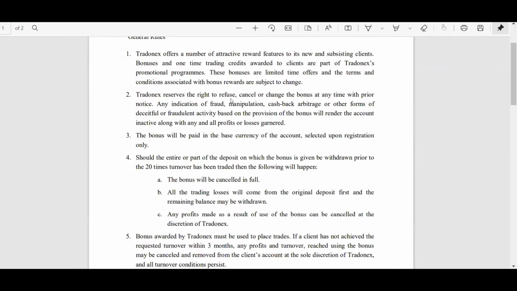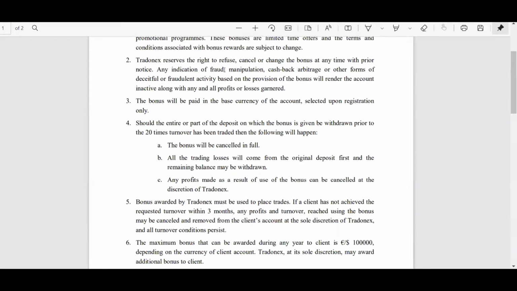They do reserve the right to refuse, cancel, or change the bonus at any time without any notice. Okay. Any indication of fraud, manipulation, cashback, arbitrage, or other forms of deceitful or fraudulent activity based on the provision of the bonus will render the account inactive, along with any and all profits or losses garnered.